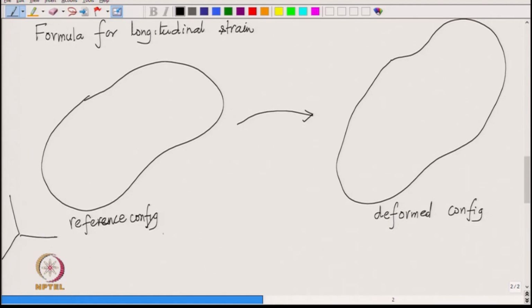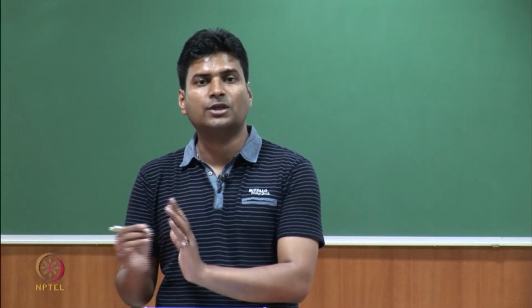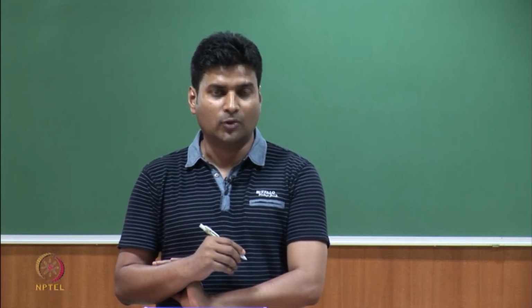and the reference configuration, as I told you, is the configuration at, it could be at t equal to 0, or it is the stress free configuration. So, basically it is some configuration relative to which you have to measure the displacement in the body. Okay.